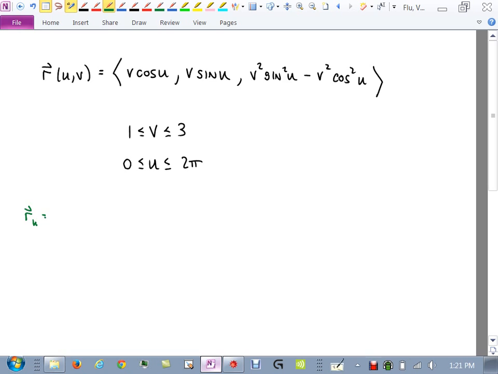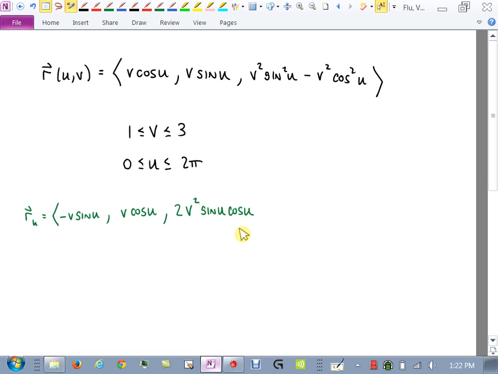R_U, what's the partial with respect to U? Negative V sine U, then V cosine U, then with respect to U, we get 2V squared sine U cosine U. So what I'm doing is I'm ignoring the V squared, derivative of sine squared U, 2 comes out, sine U times the derivative of sine U, which is cosine U. So that's this.